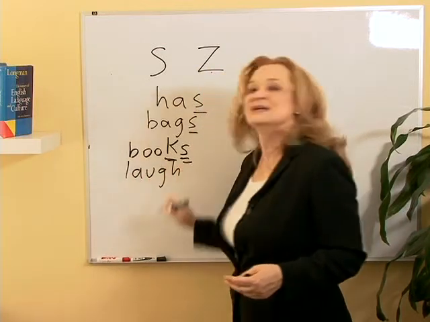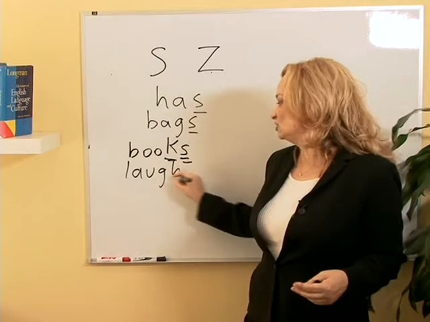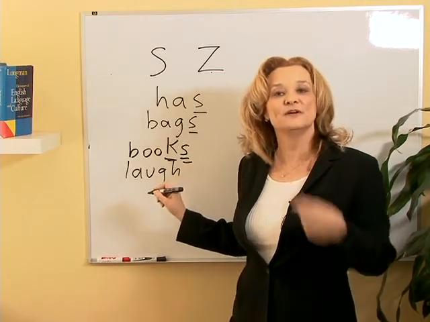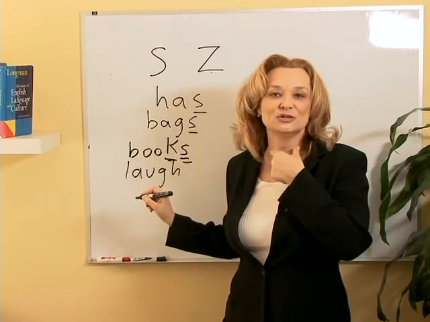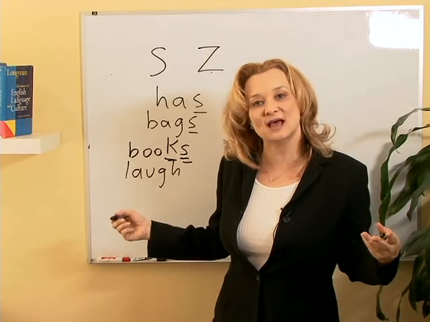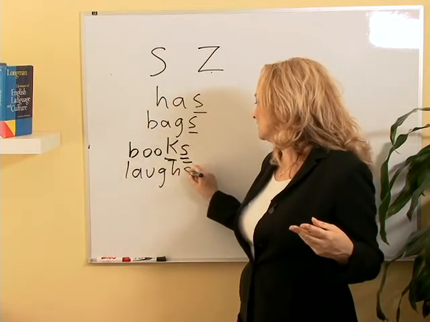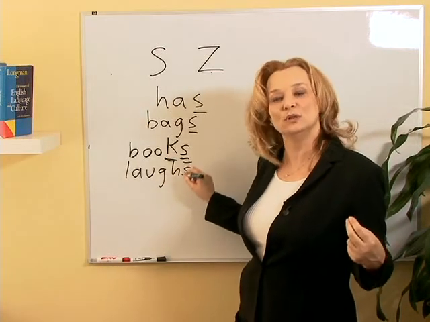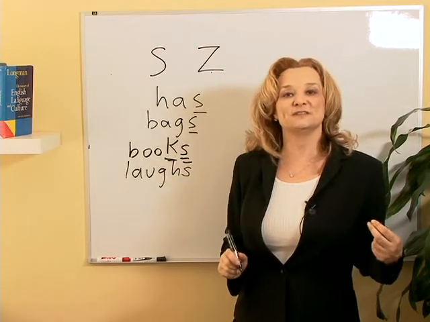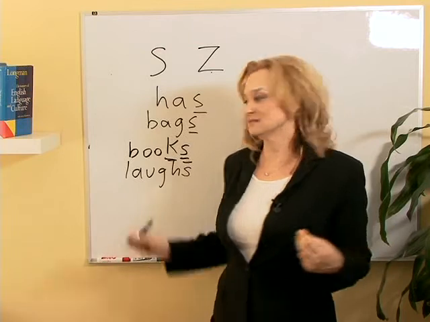The word laugh. This GH is actually an F sound, right? F, f, f. There's no vibration in my vocal cords, so the F is a voiceless sound. So that means the S that follows it will also be voiceless, and we will say laughs.